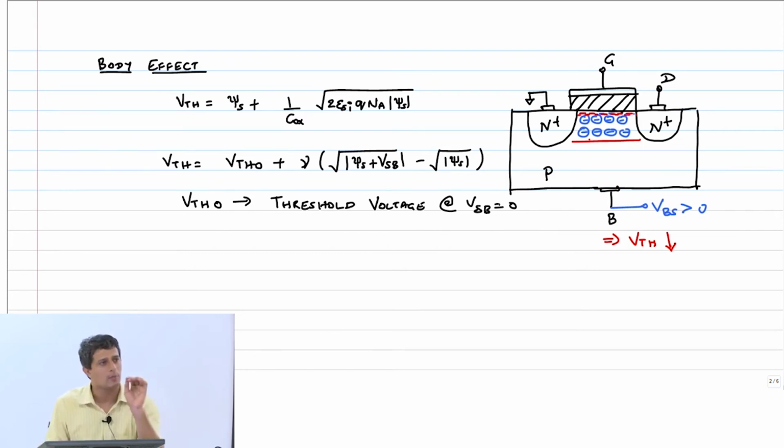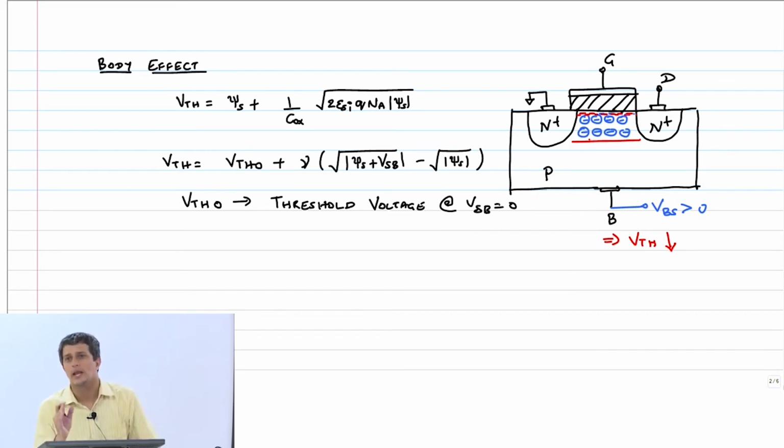So this gamma is an empirical body effect coefficient, which means that there is no physical interpretation to this term very accurately. What you do is you construct a device, make measurements in the fab by applying different body potentials on the transistor, measure the threshold voltage by some technique, and then you fit this data to this gamma.